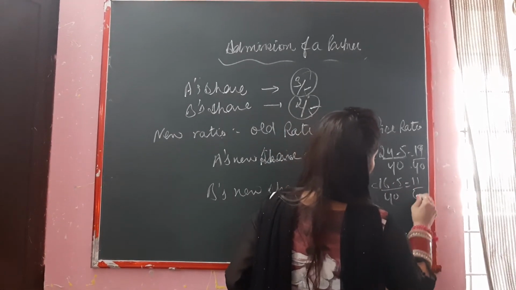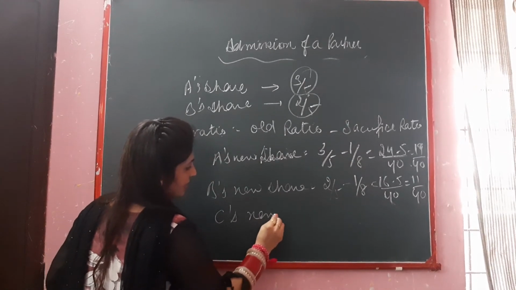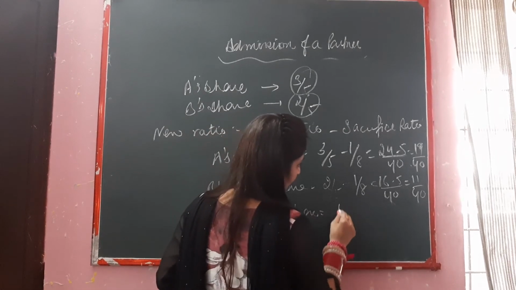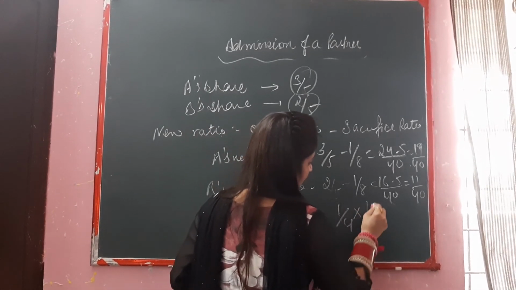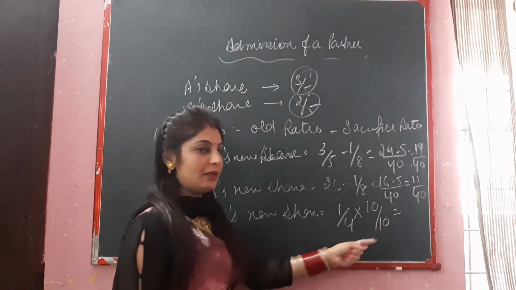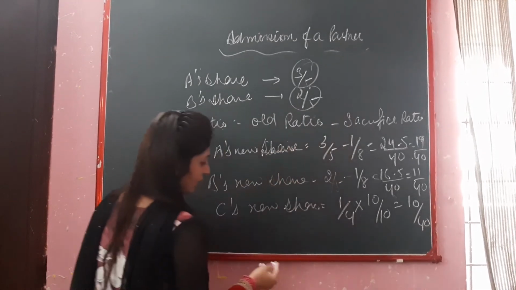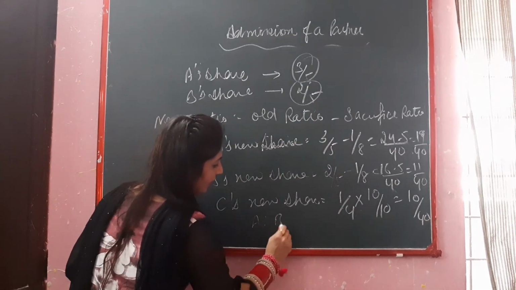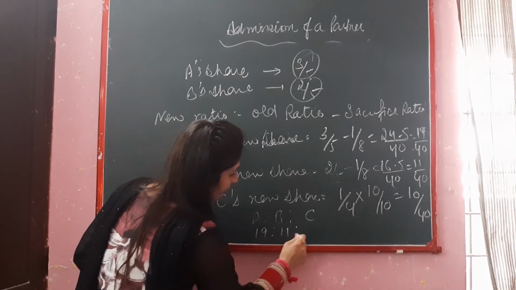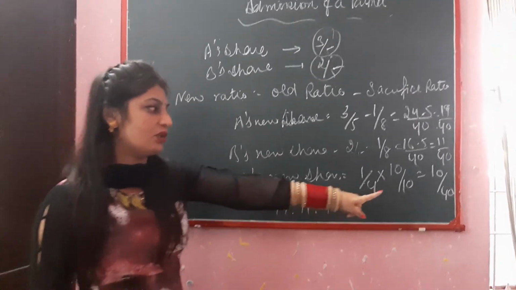So 11/40. So again C's share was 1/4, because the base is 40, so it will be multiplied by 10/10, so it will be 10/40. So the new ratio will be 19:11:10. So we can check 19 plus 11 plus 10 is equal to 40.